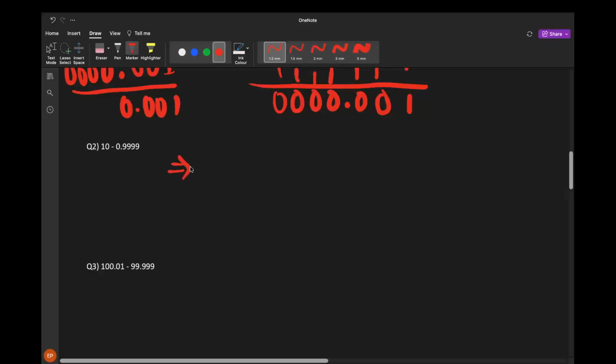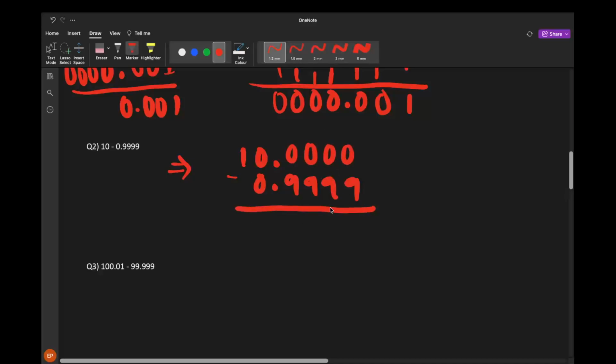Okay, can I know the answer for this? Pause it and solve it. Check it with me. 10 minus 0.9999. Why am I writing this? Because 0 is in the unit place, so it must be aligned to this number. If nothing is there, we can take zeros. Then normal subtraction.